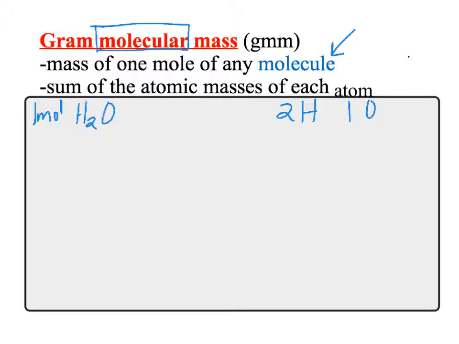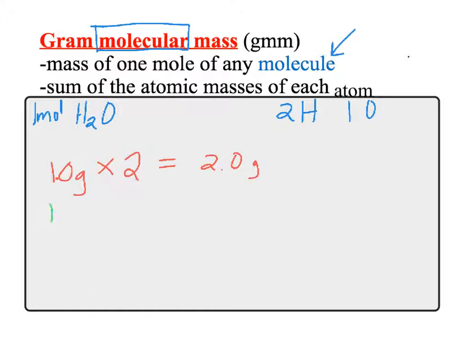If we look at the periodic table, hydrogen has a weight of 1.0 grams, and that's for every mole. Here I have 2 hydrogen atoms, so I'm going to have to multiply that value from the periodic table by 2. And so what I'll get here is 2.0 grams. Now let's do the same thing for oxygen.